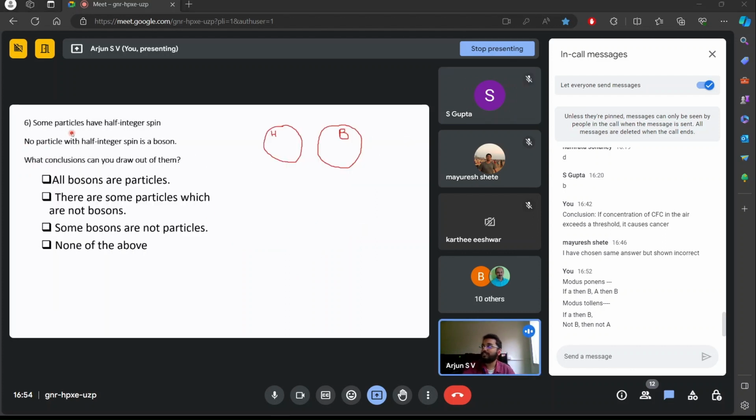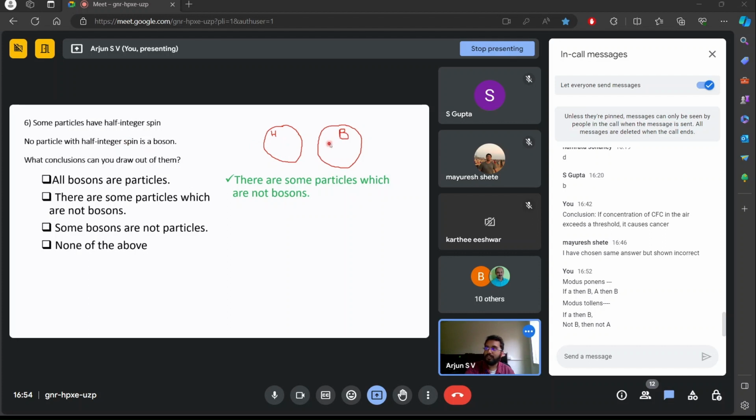Two statements: some particles have half integer spin, and no particle with half integer spin is a boson. What conclusions can you draw out of them? The correct answer would be there are some particles which are not bosons. This can be answered using a simple Venn diagram representation. Take the total of all the particles, and out of that some particles have half integer spin, but no particle with half integer spin is a boson.